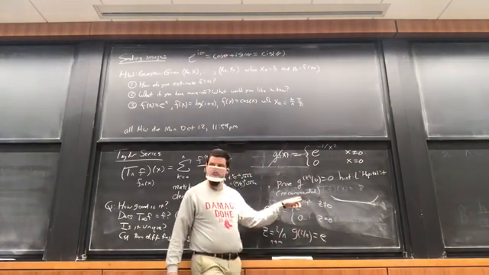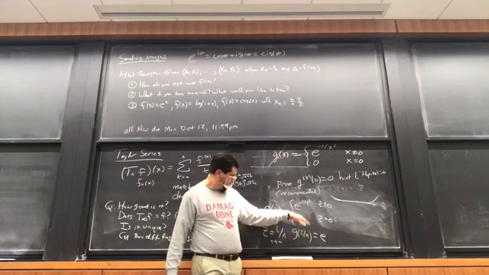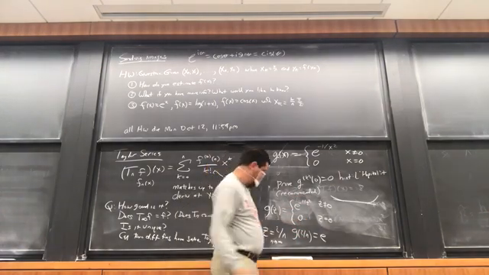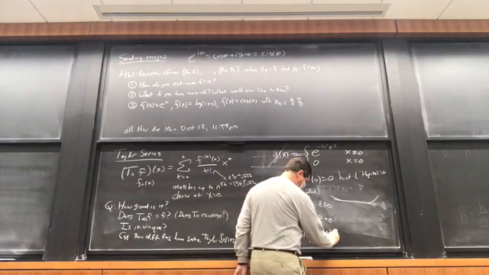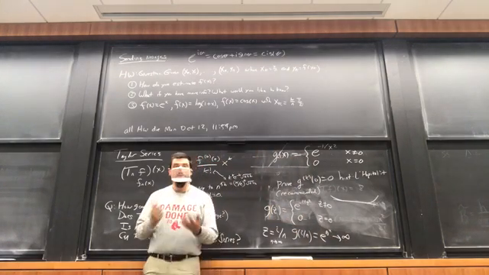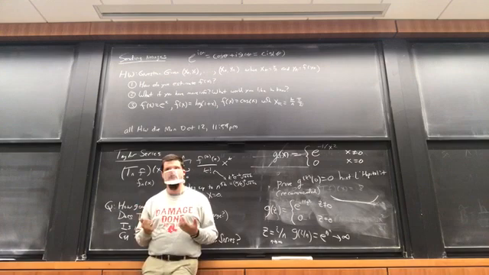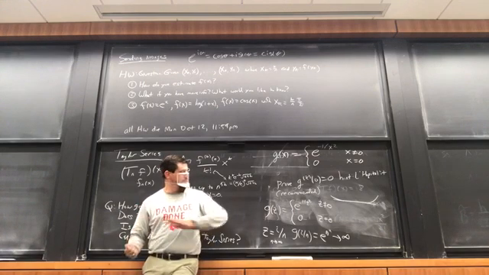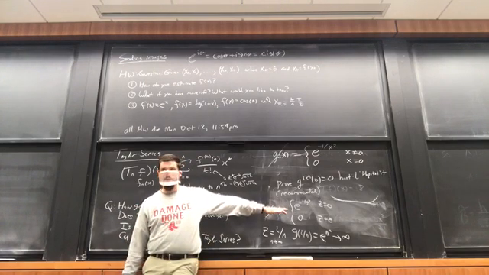The i squared cancels the negative 1. The 1 over n comes upstairs, and you get e to the n squared, which is going to infinity. This function isn't even continuous. So we would never even try to do a Taylor series expansion of this in the complex plane, because it's not even continuous.